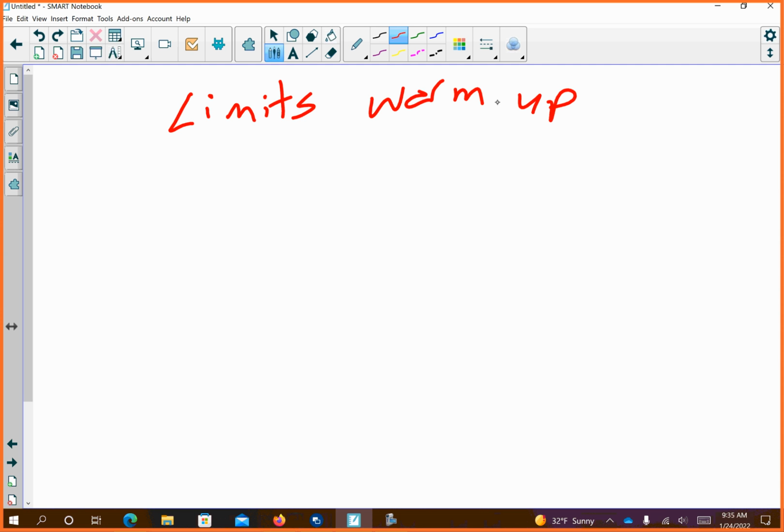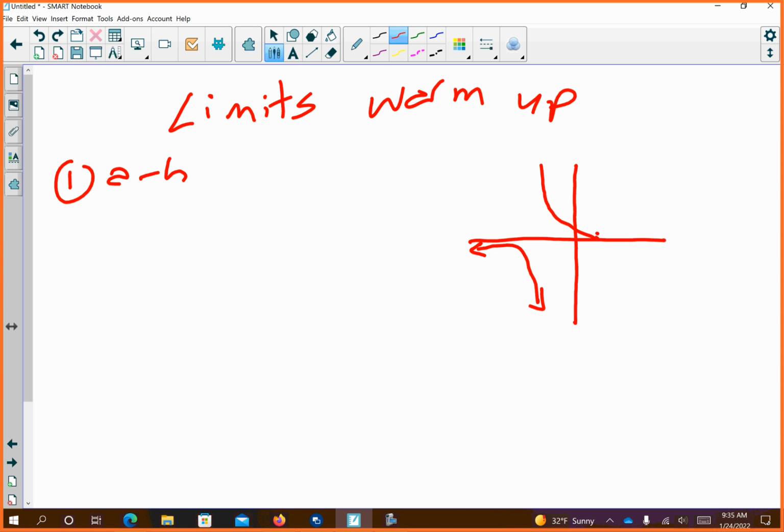I'm going to walk through number 1A through H. While you're looking at that, I'm going to do my best artistic rendition of this, which is not going to be good, but okay.